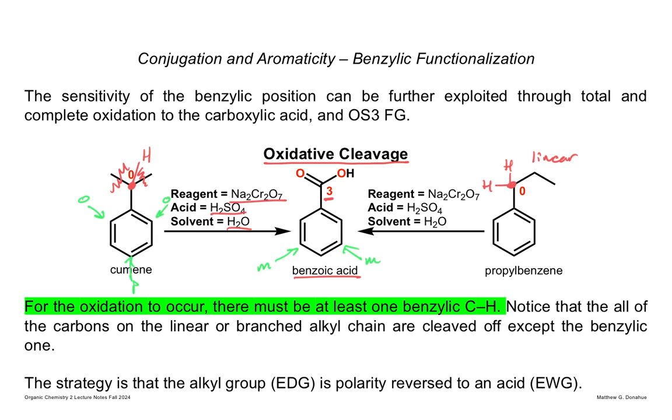The benzylic carbon is going to remain intact. We cleave off the rest of that chain, and we end up with the same product, benzoic acid. So same thing, propylbenzene is also an ortho-para director. We're ending up with that acid group on there. That's now a meta director. So that allows us to reverse the polarity from electron donating to electron withdrawing to achieve the substitution patterns that we're after.